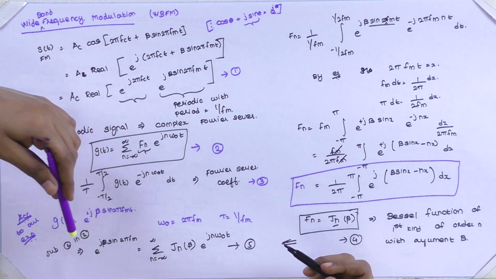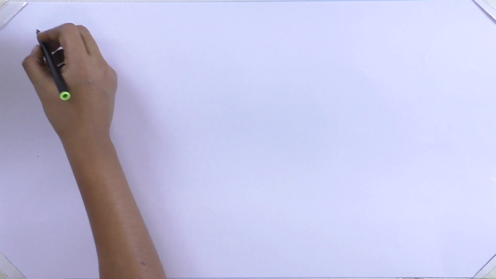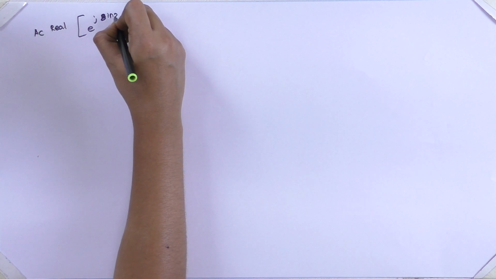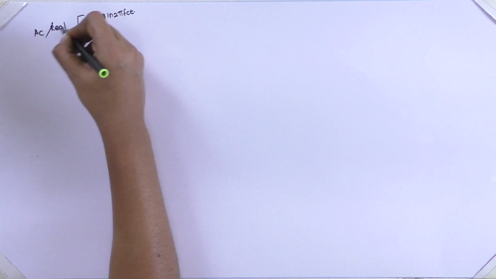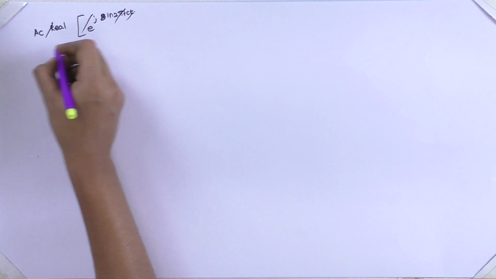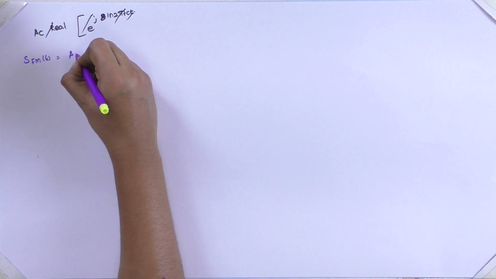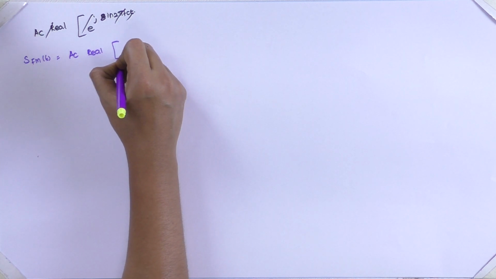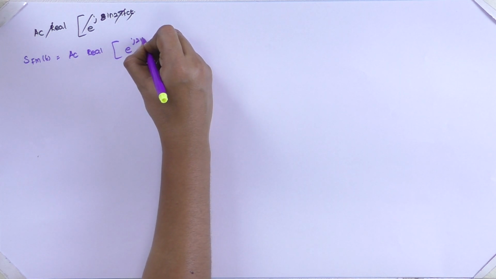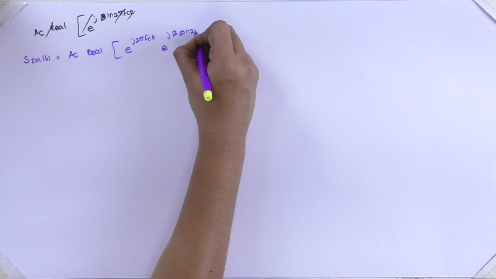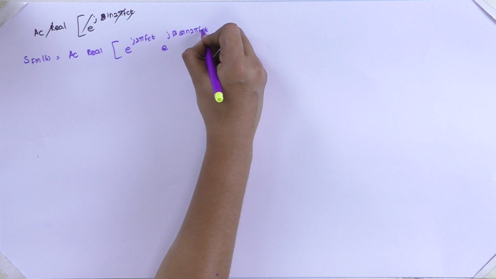Now our job is to substitute our g of t in equation number 1. What is our equation number 1? Our equation number 1 is AC real part of e power j, we'll rewrite this expression again. S fm of t is equal to AC into real part of e power j 2 pi fct into e power j beta sin 2 pi fmt.